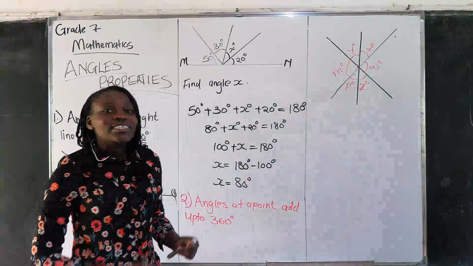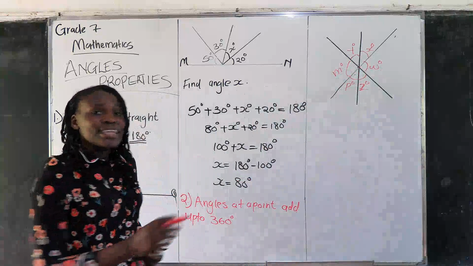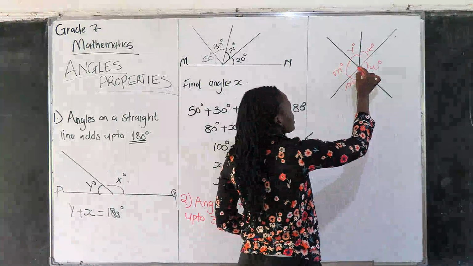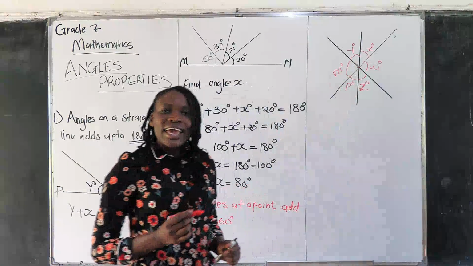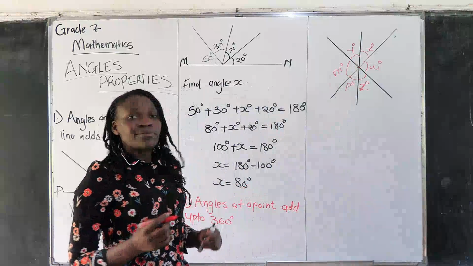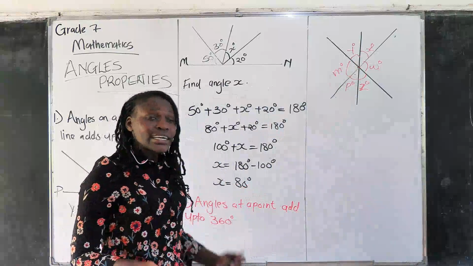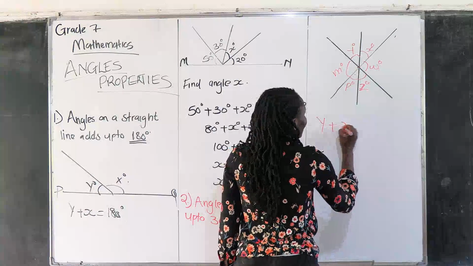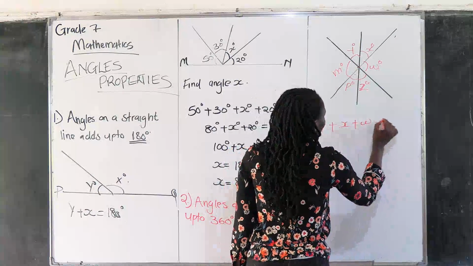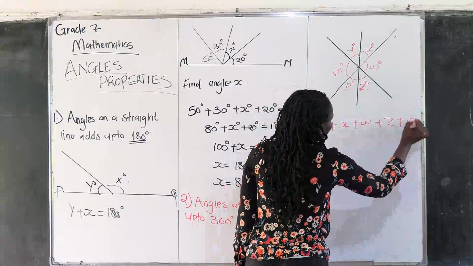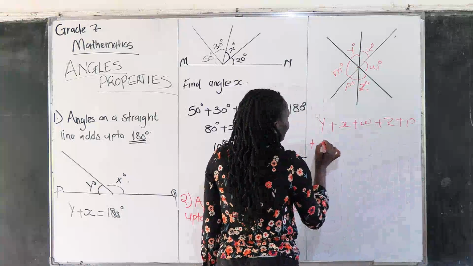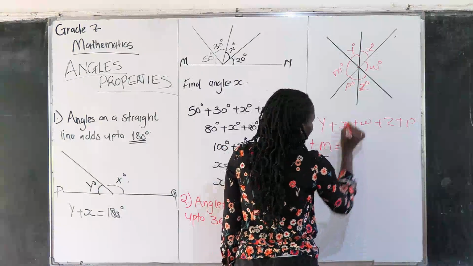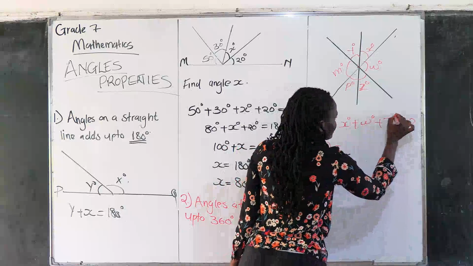So when we're talking about angle at a point, these angles are from these points. So we say angle, these are degrees.